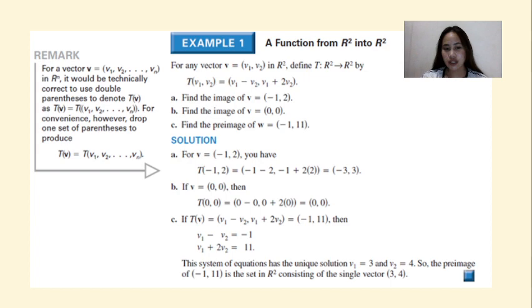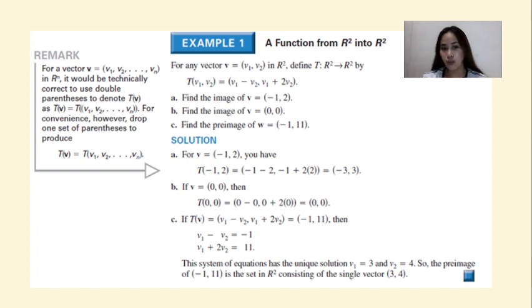V1 is negative 1, minus V2. So we make V2 negative, since 2 is positive, we make it negative 2. Then V1 is negative 1 plus 2 times V2, and our V2 is 2. So negative 1 minus 2 is negative 3.